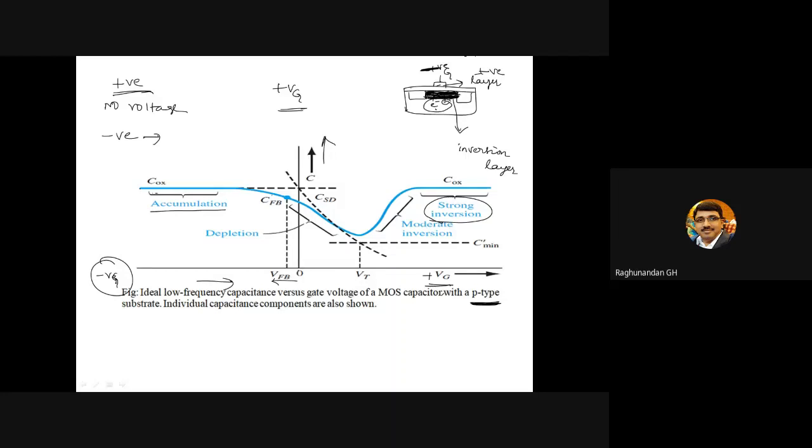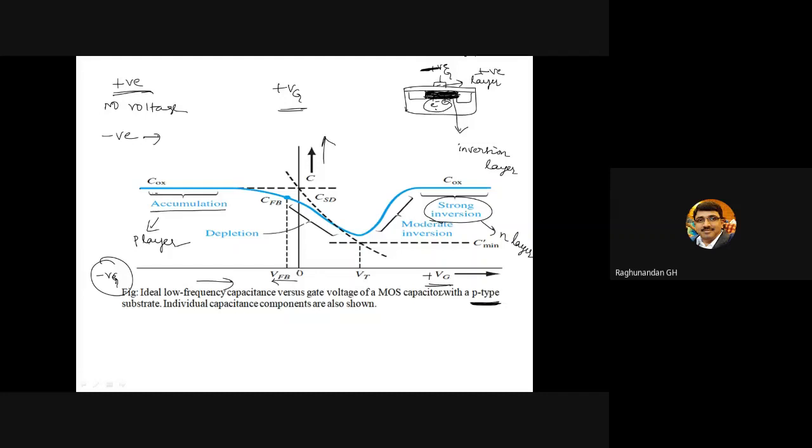When Vg goes towards 0, the normal depletion layer will be there. After that, when Vg starts getting positive, slowly a moderate inversion layer will take place. After that a strong inversion layer takes place. Strong inversion layer means N layer. Accumulation layer means P layer.